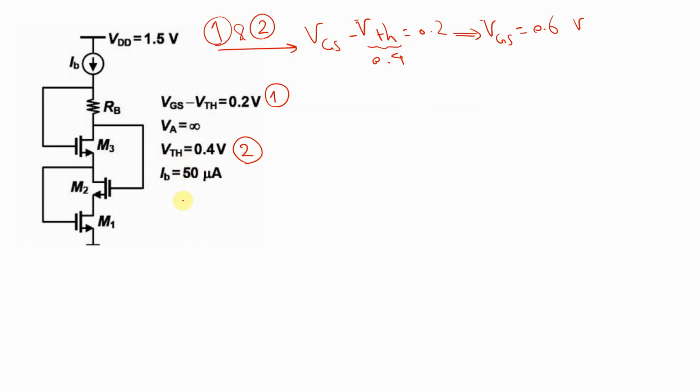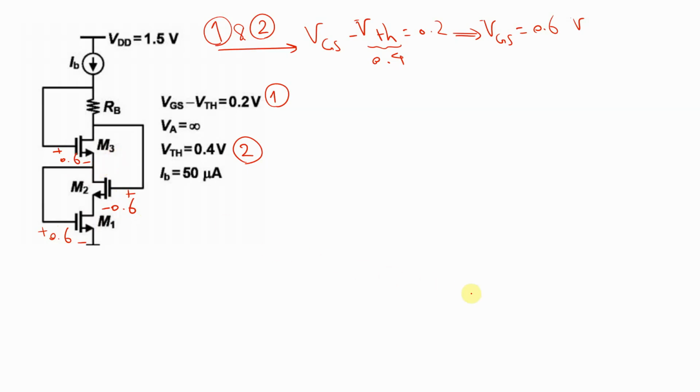Just for the sake of simplicity and to make it clear to solve this problem, I'm gonna put the VGS information into the circuit. This is 0.6 for VGS1, this is 0.6 for VGS2, and this is 0.6 for VGS3.